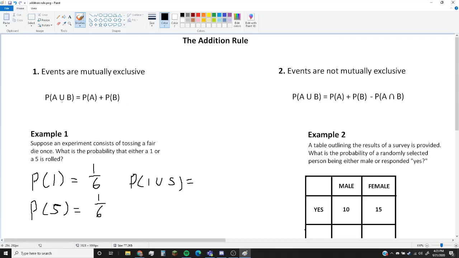And using the rule, because these events are mutually exclusive, you can't roll a 1 and a 5 at the same time, we're just going to add the probability of a 1 being rolled and the probability of a 5 being rolled, which will be equal to 1/6 plus 1/6, or 2/6, which we can reduce to 1/3. So our answer here, the probability of 1 union 5 is 1/3.